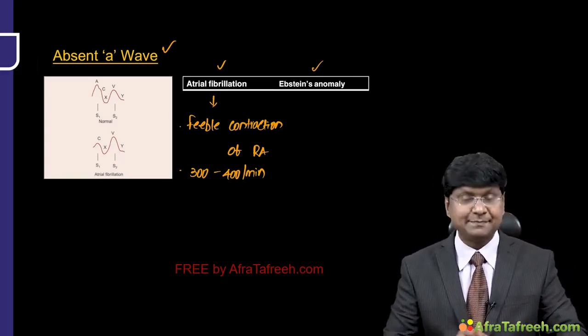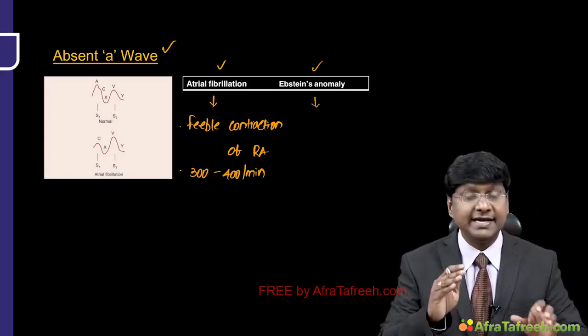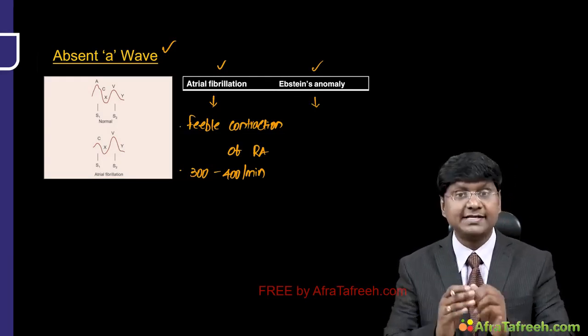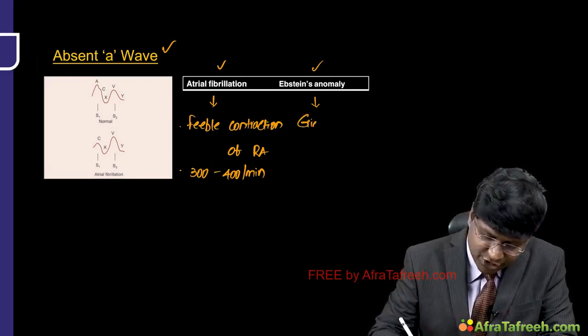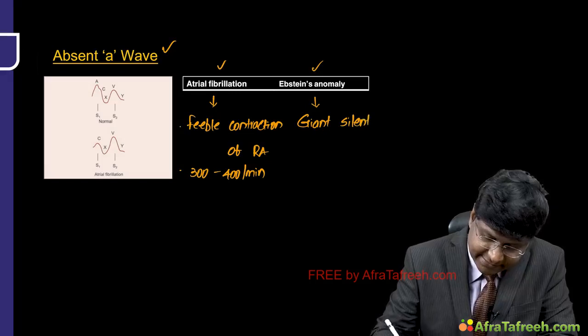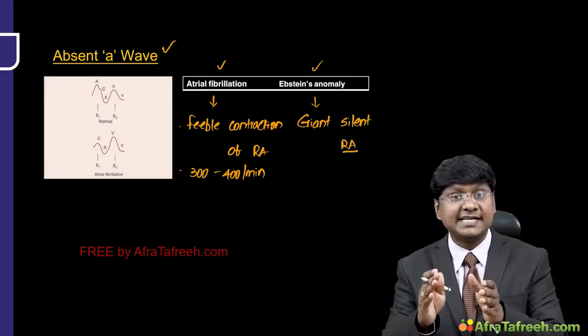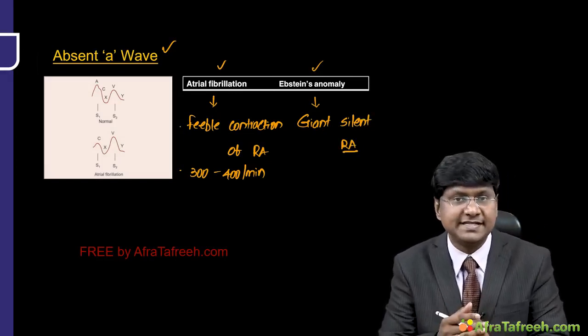Whereas you take the Epstein's anomaly. What exactly is your Epstein's anomaly? It is the atrialization of the right ventricle. That is what is called the Epstein's anomaly. So here you will have a giant silent right atrium. That is what you will come across in case of the Epstein's anomaly.